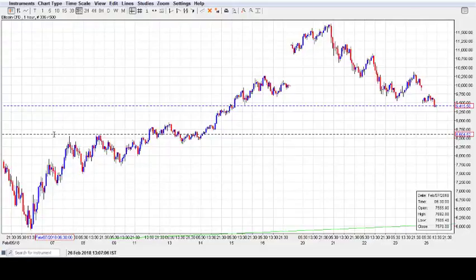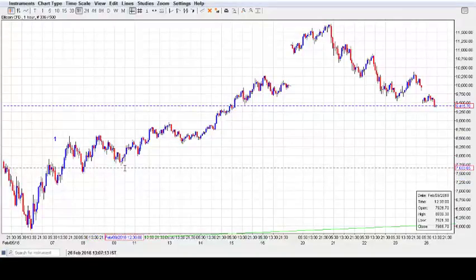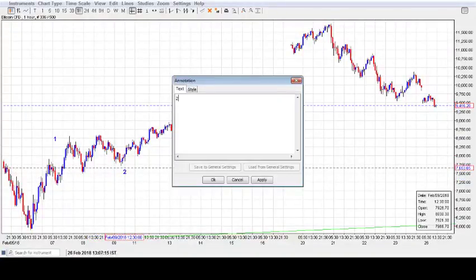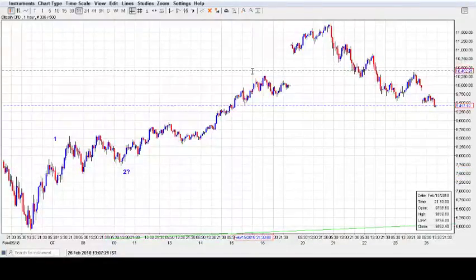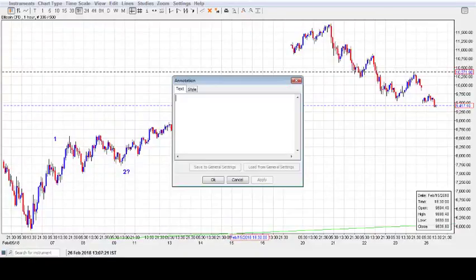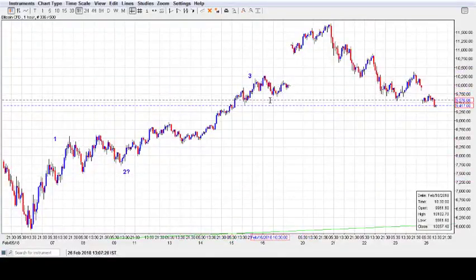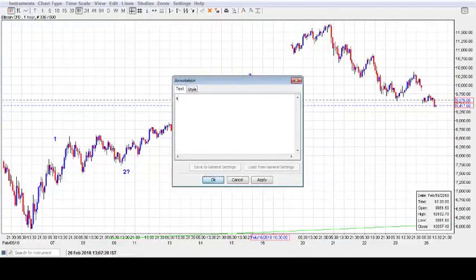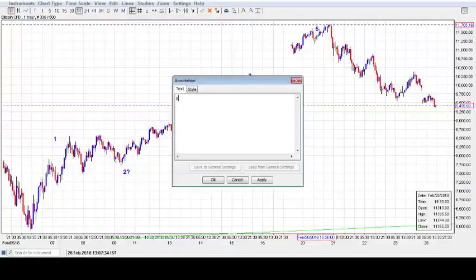I would straight away like to label this as wave 1, wave 2, maybe an expanded flat, and then 3, 4 could be completing an impulse, or might have already completed an impulse.